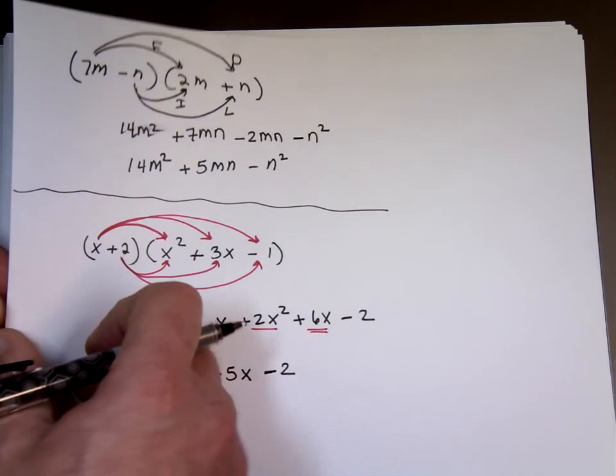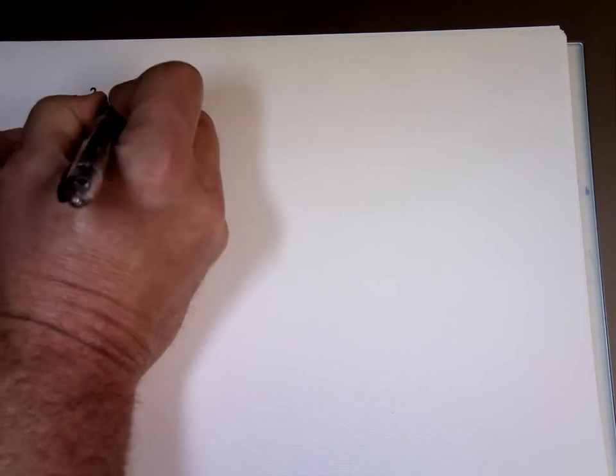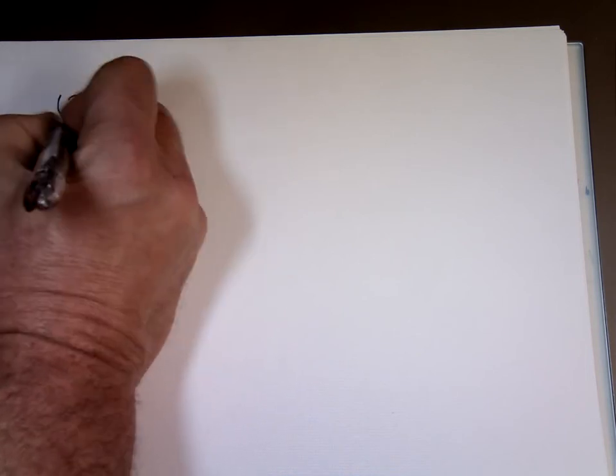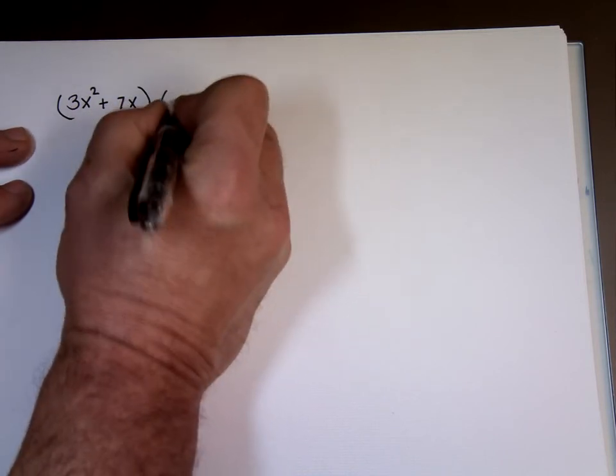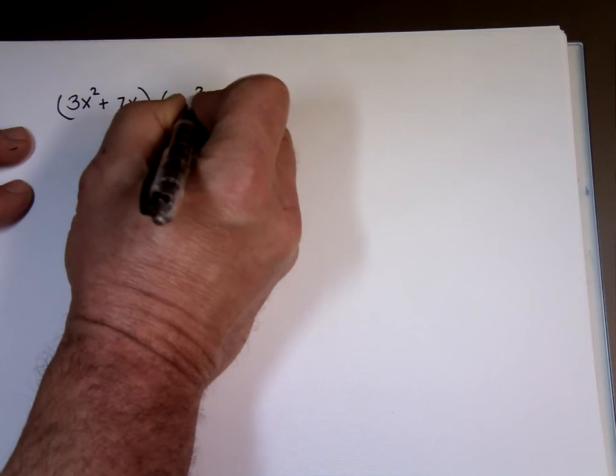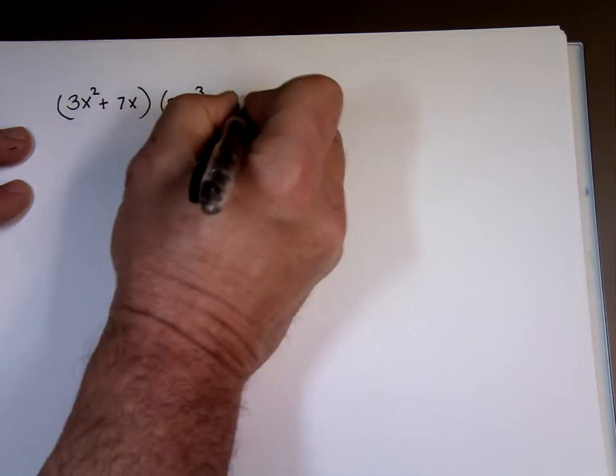We have time to squeeze in one more. 3x squared plus 7x times 8x to the third plus 9x squared minus 1.